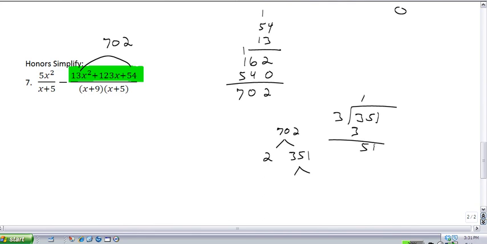So we got 51. 17 threes is 51. So 117. Oh boy. Okay, 3 and 117.